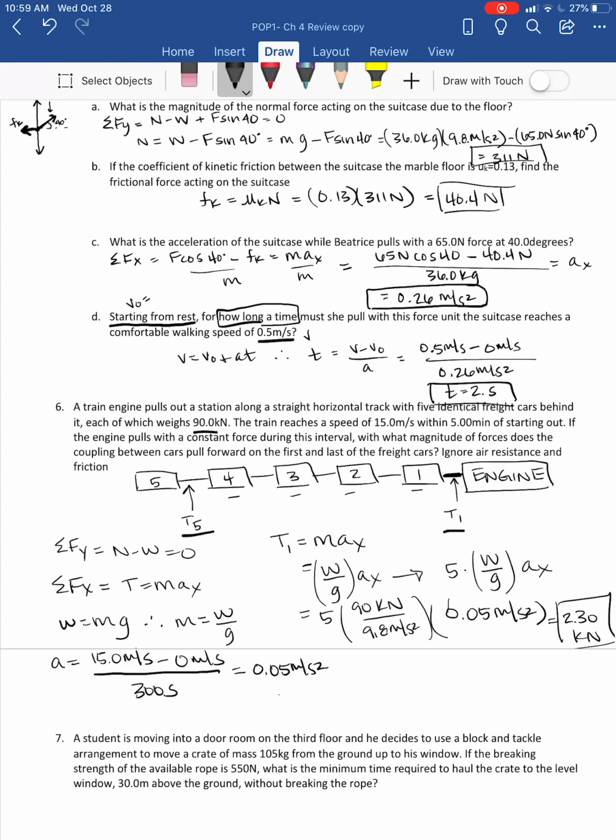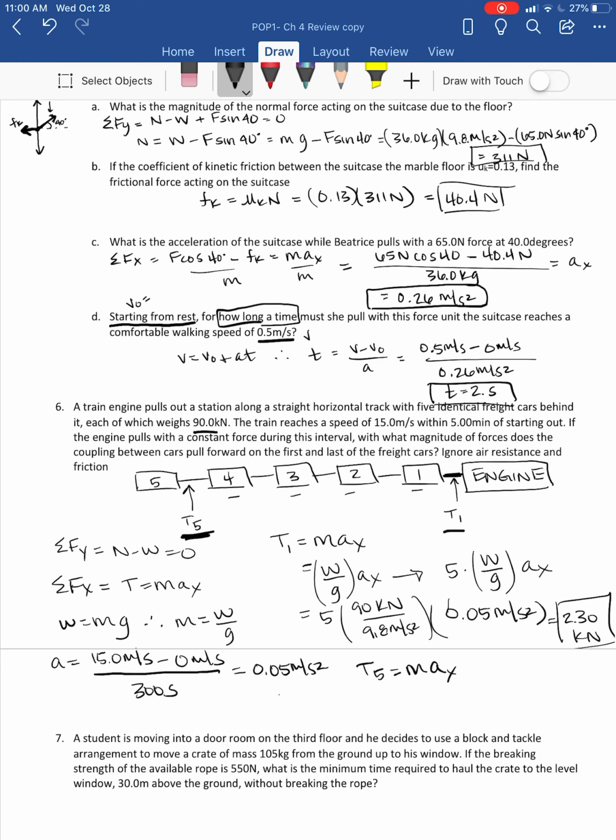Now I didn't convert the 90 kilonewtons back into newtons. You could have, and then your answer would have been given in newtons. So either way it was fine. And then the last one, if we were going to solve the tension for this guy, it's the same equation.